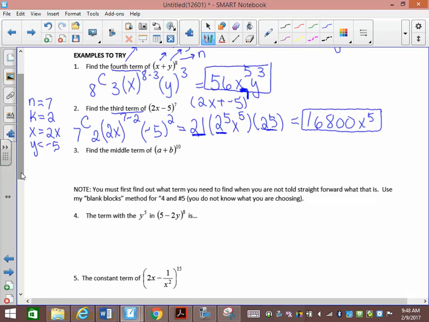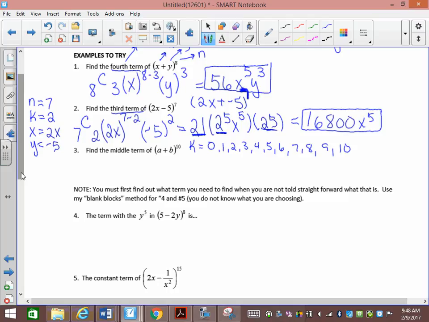Find the middle term. The easiest way I feel like finding the middle term is state all my k values and then just circle the one that's in the middle. So all the k's I'm going to have for my options here are going to be 0, 1, 2, 3, 4, 5, 6, 7, 8, 9, 10. Those are technically all the k options I'm going to have if I expanded this whole thing out, right?